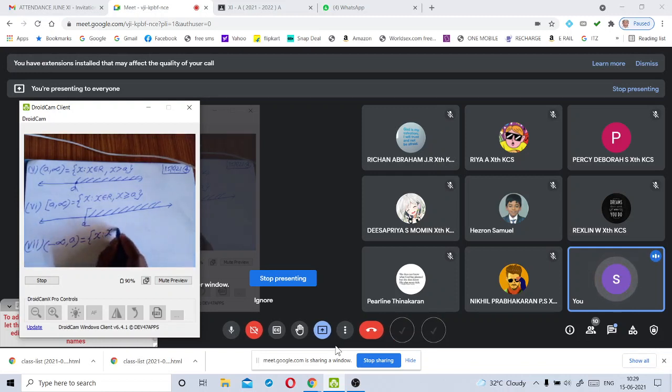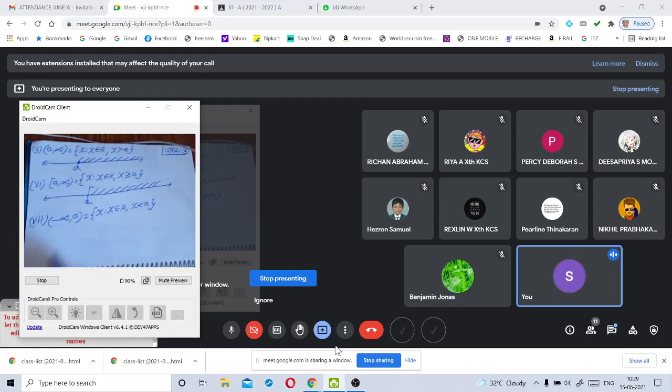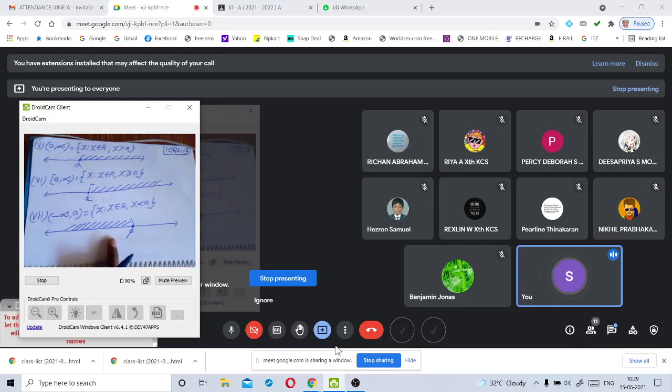So the set of all x such that x belongs to R and x is less than A. All the real numbers less than A. We represent this interval pictorially like this. This is a pictorial representation of the interval minus infinity comma A.